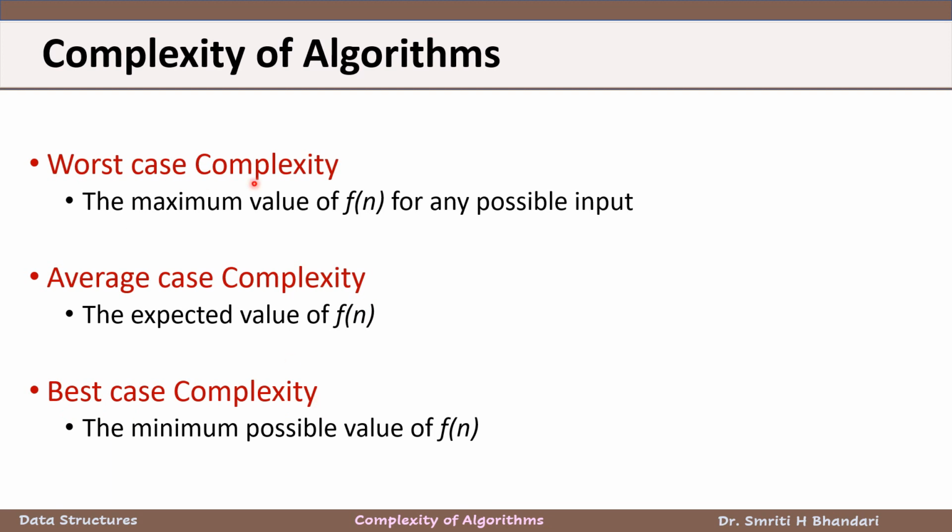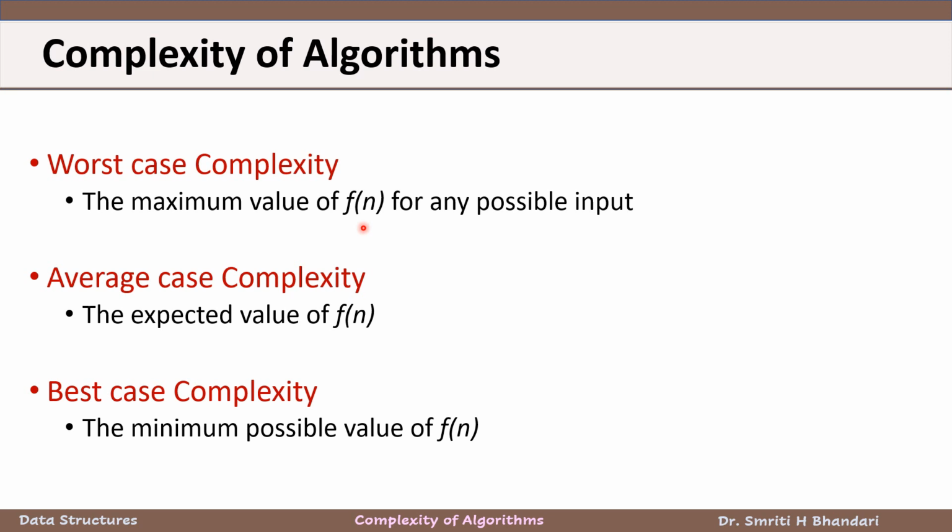So what is worst case complexity? It is the maximum value of function f of n for any possible input. So obviously the complexity is given in terms of this mathematical function f of n. So to determine the complexity, we need to evaluate this function f of n with respect to the data that we have.